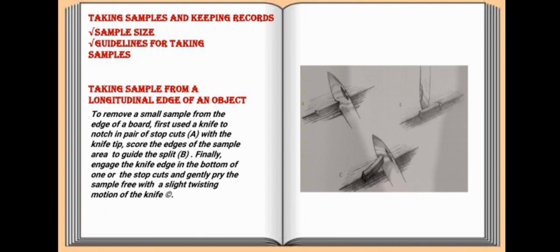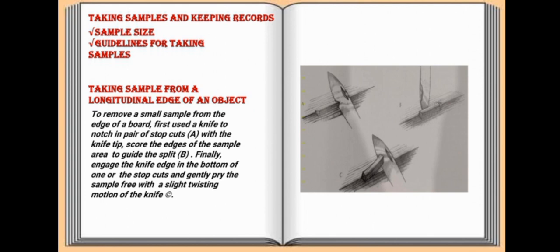The next is taking a sample from the longitudinal edge of the object, just like in the picture. To remove a small sample from the edge of a board, first use a knife to notch a pair of stop cuts, just like in A, the one at the left.